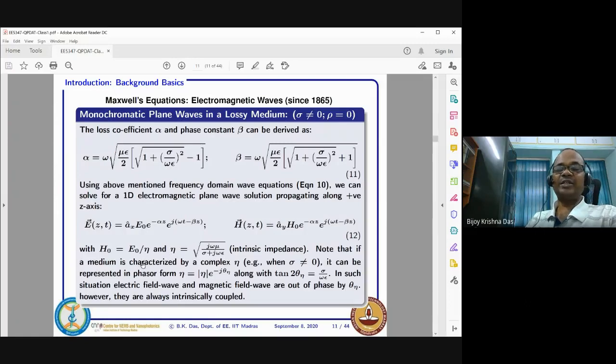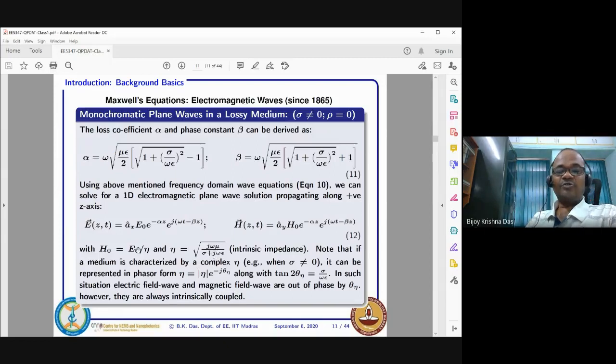So it is basically a general equation. But in this case, the only problem is that eta is now complex. Once eta is complex, you can represent it in phasor form, a plus jb, with a real part and a complex phasor part.